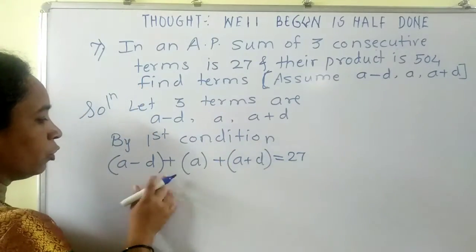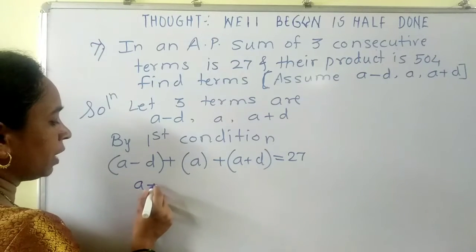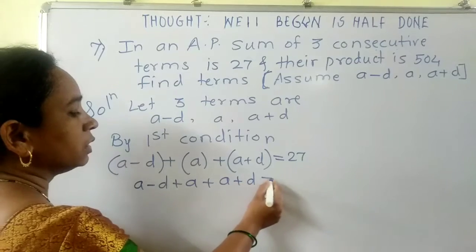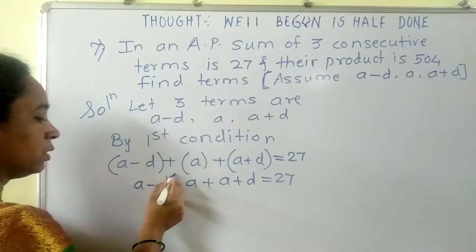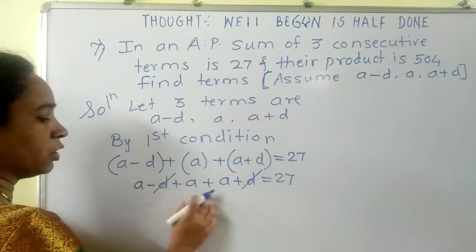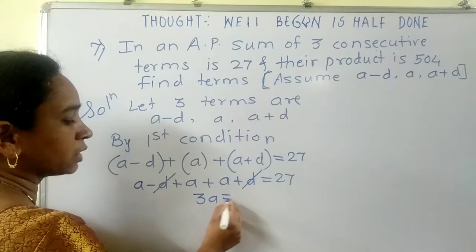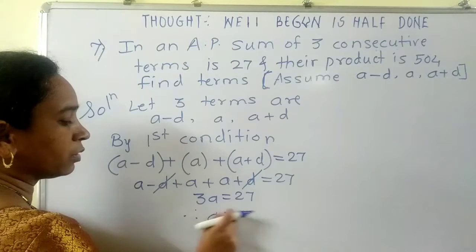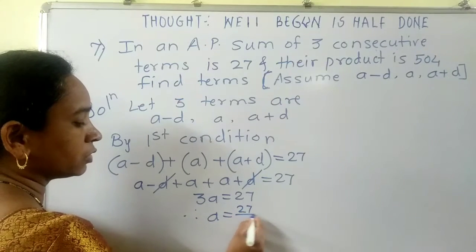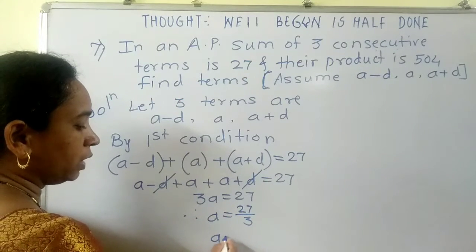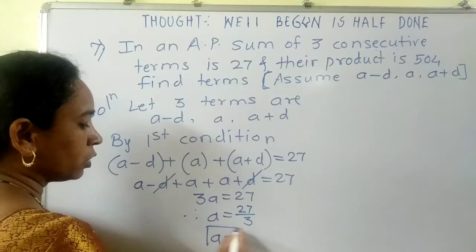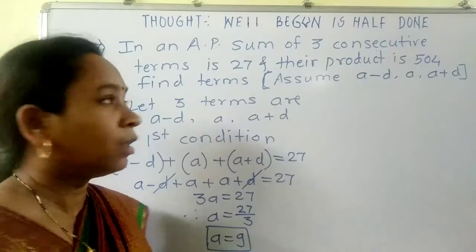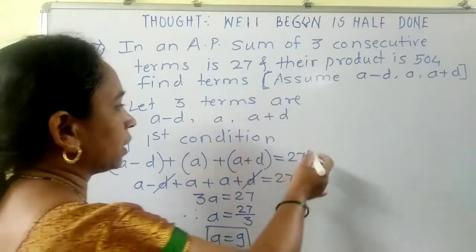Open the bracket: a minus d plus a plus a plus d is equal to 27. The d will be cancelled with this, and here we get 3a is equal to 27. Therefore, if you transfer 3 to that side, it is in division, so a is equal to 9. So here we have got a's value, a is equal to 9. Now we will go for the second condition.